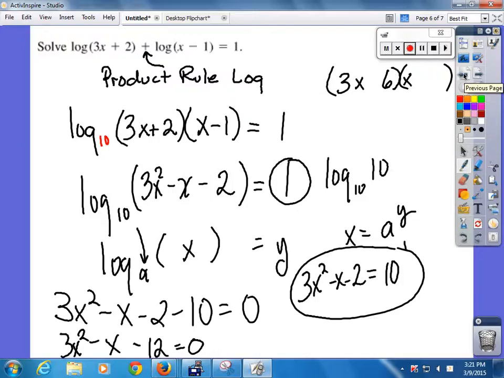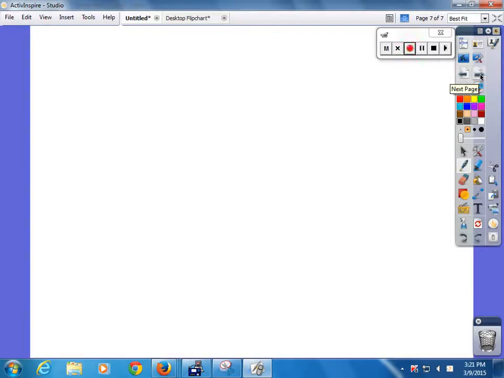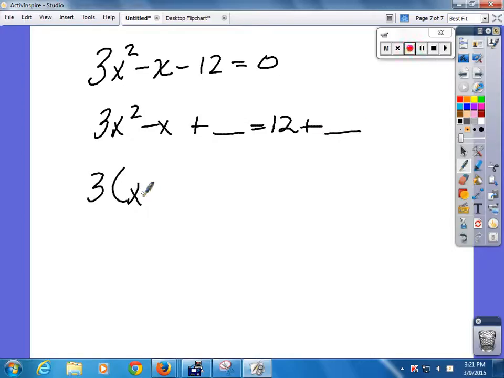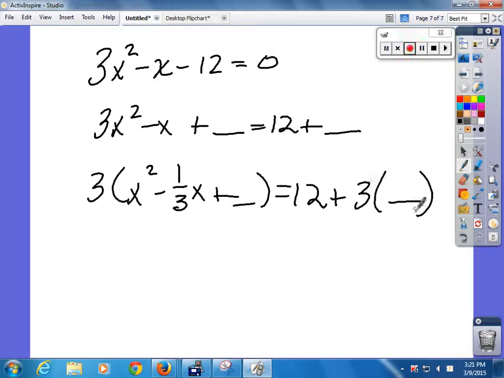3x squared minus x minus 12. 3x squared minus x plus blank is equal to 12 plus blank. Back out 3x squared minus 1/3 x plus blank is equal to 12 plus 3 times blank. 1/3 divided by 2 is 1/6. 1/6 squared is what? 1/36?